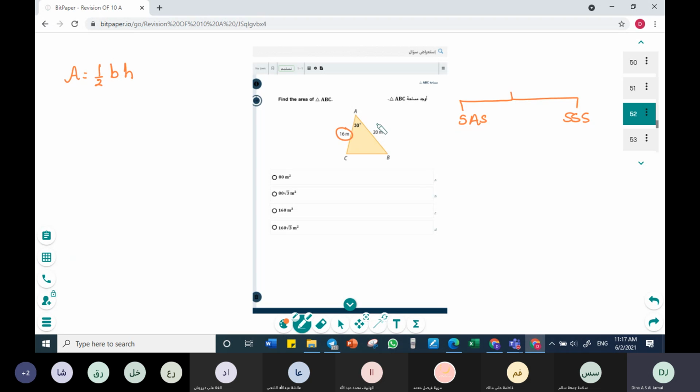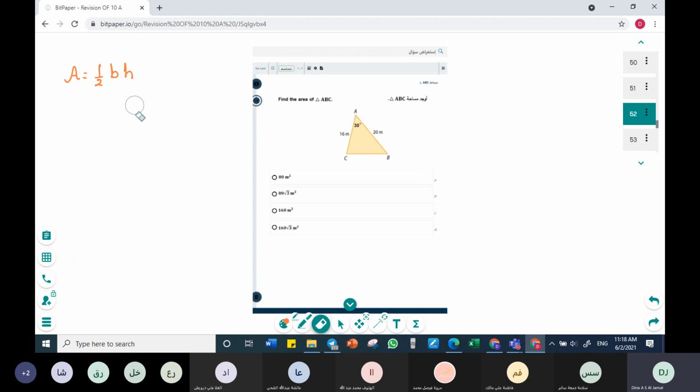Excellent, it is SAS. But ladies, what is he asking me to find? With SAS or SSS, you will find either a missing side or a missing angle. What is he asking me to find? The area. Are you going to use the cosine law to find each of them?